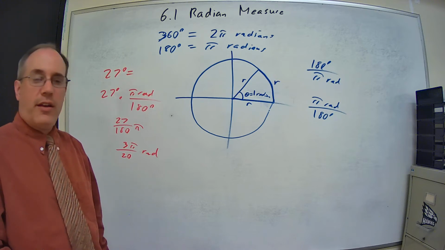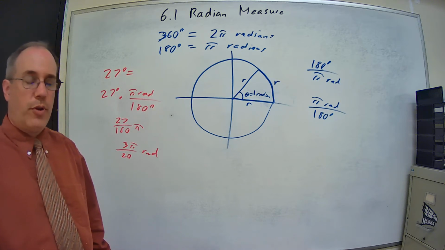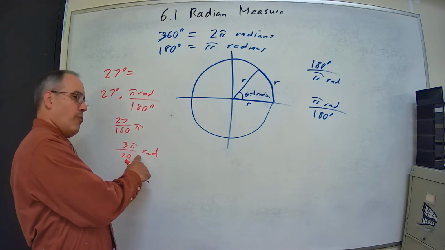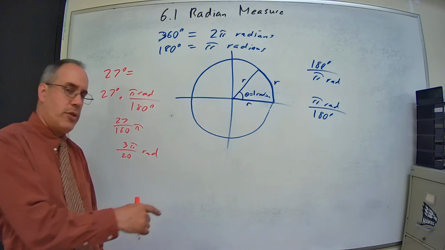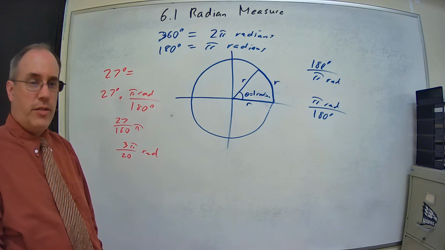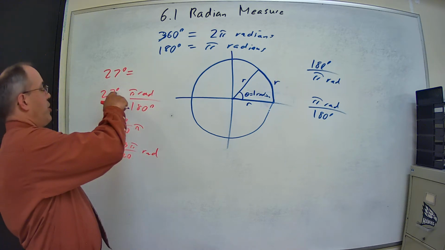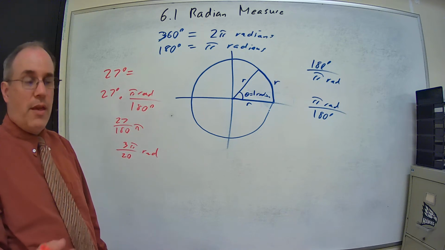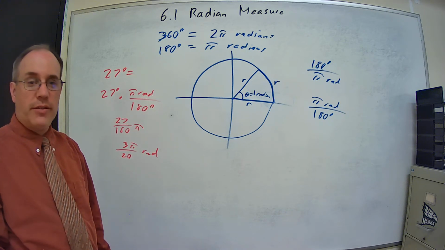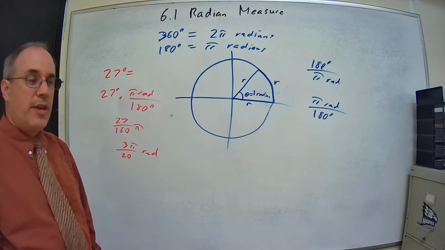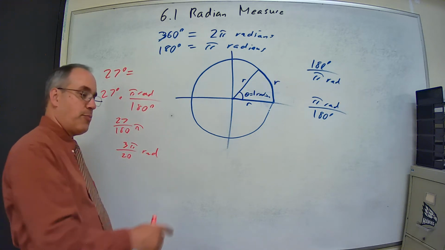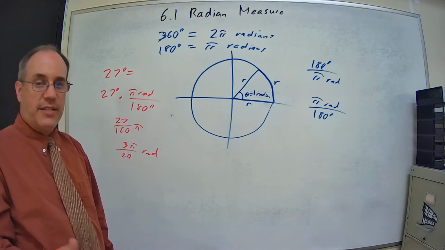Let me just make a note at this point that when we're talking about radians and degrees, if we're talking about degrees, we have to put the degree symbol there. If we're talking about radians, let's just make the agreement right now that you don't have to put rad or radians there.